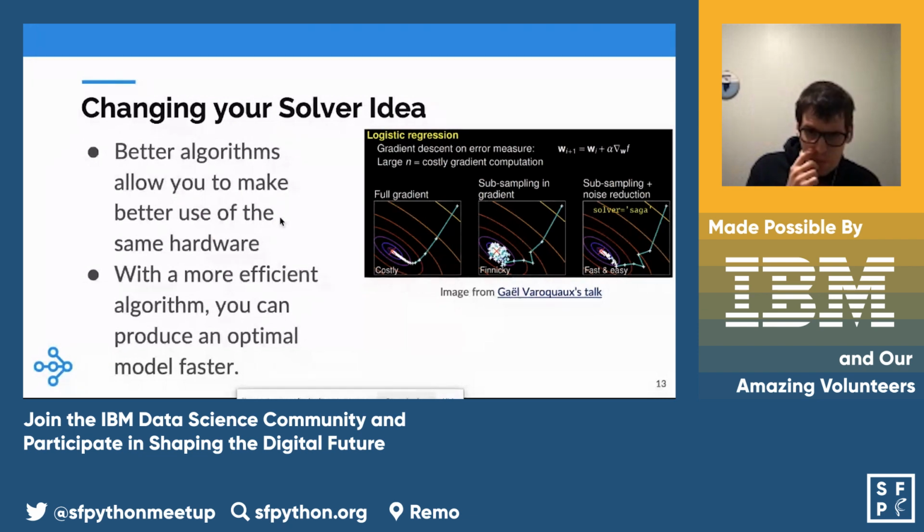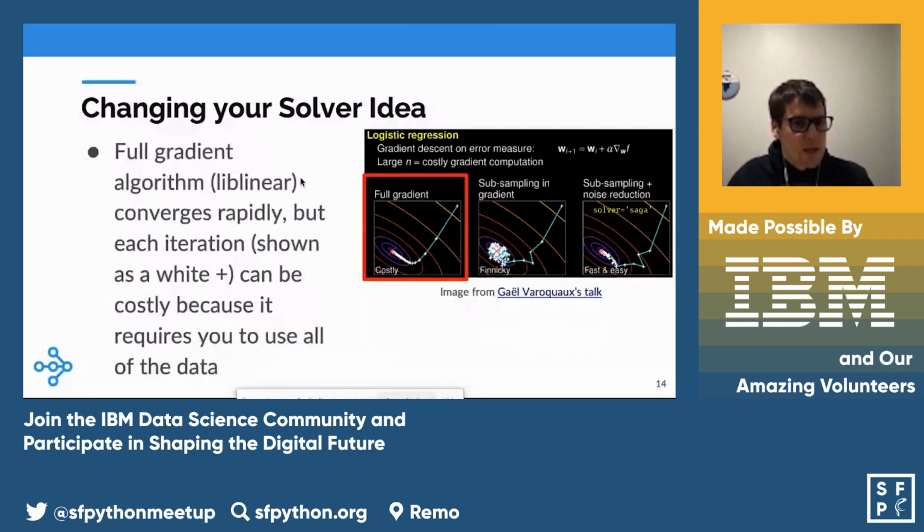But if you look at logistic regression, there are a lot of different solver options in Scikit-Learn, and we'll go over them. There's a full gradient approach, and in logistic regression, this is if you change your solver to liblinear. This is when you go through all your samples, all n, so basically all the rows of your data.